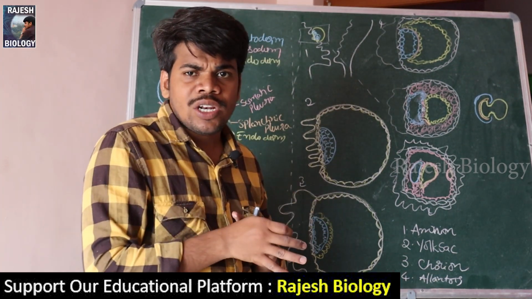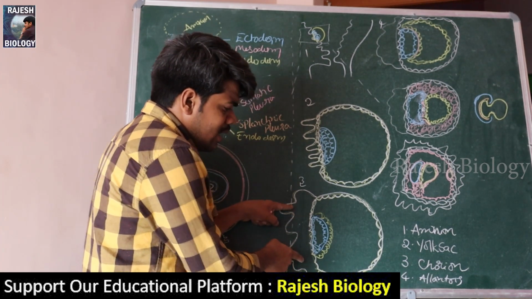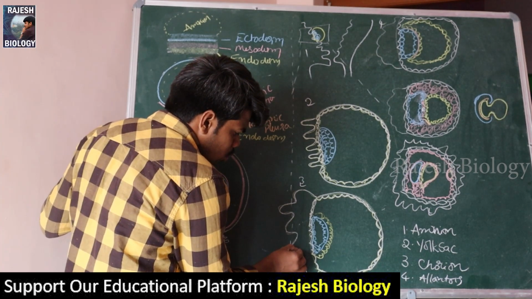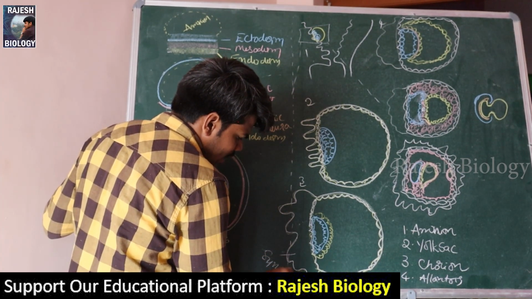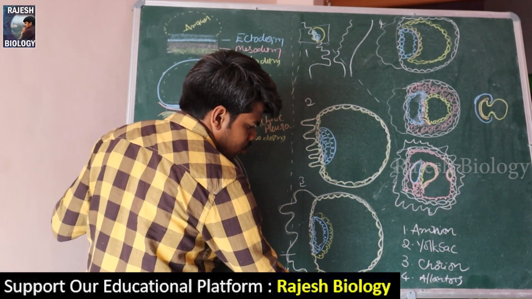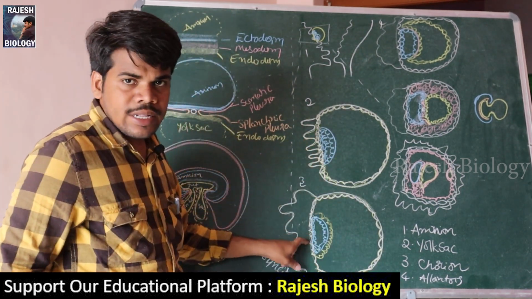After completion of implantation, the trophoblast differentiates into two types: syncytiotrophoblast and cytotrophoblast.